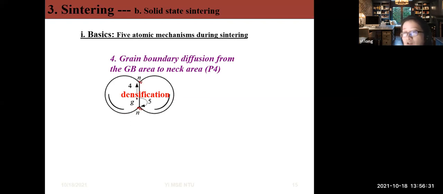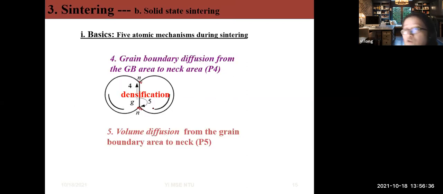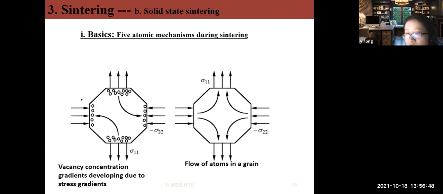P4 and P5, okay. First, to fulfill the first condition, atoms must move along the grain boundaries. The next condition is, if you want densification, as we have already seen in this illustration, we have to make sure that when vacancies come, in the end, what is densification? Densification means your vacancies are going to be filled with atoms.